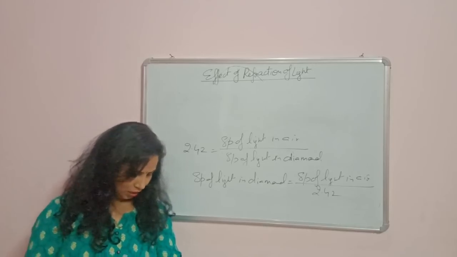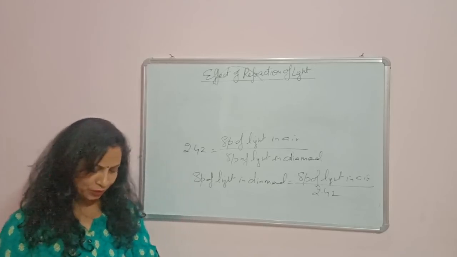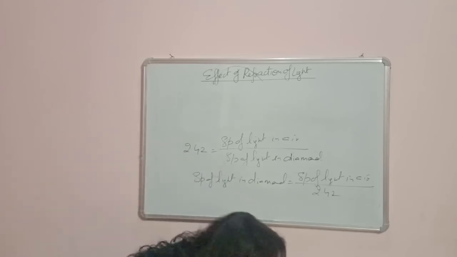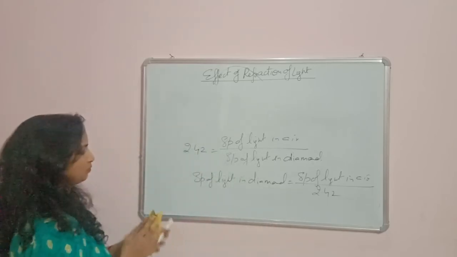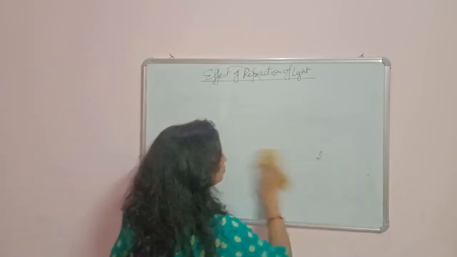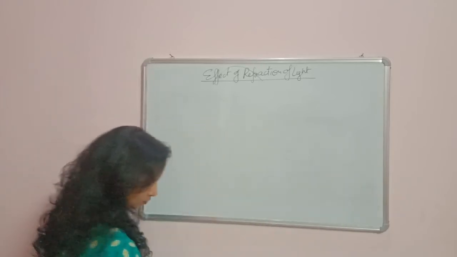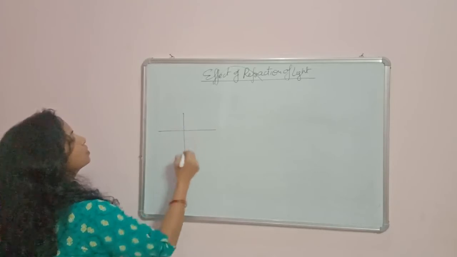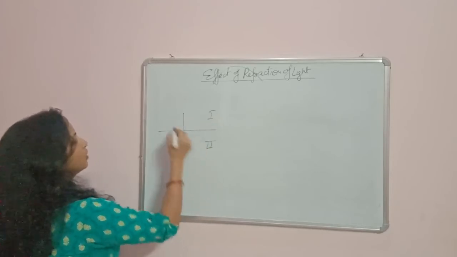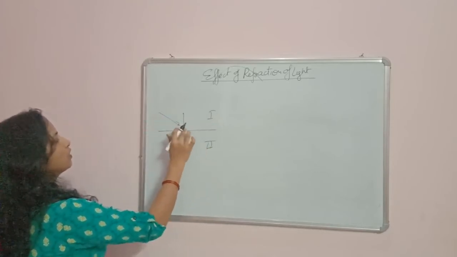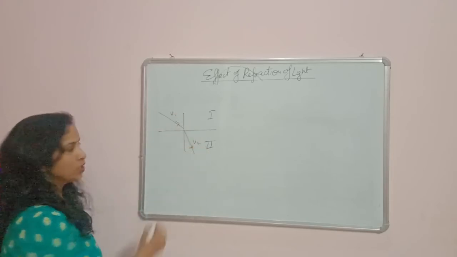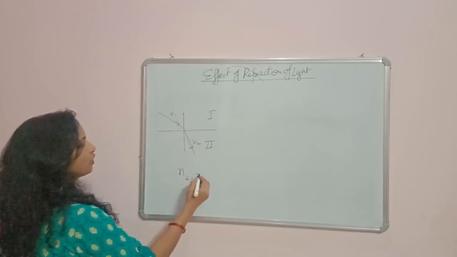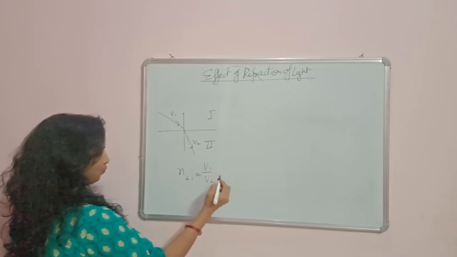Okay. I'm going to explain the relation between the refractive index of medium 1 to 2 and the refractive index of medium 2 with respect to 1. Suppose this is medium 1 and this is medium 2, and the light goes through medium 1 into medium 2 like this. Speed V1 and speed V2. So the refractive index of 2 with respect to 1 is equal to V1 upon V2.